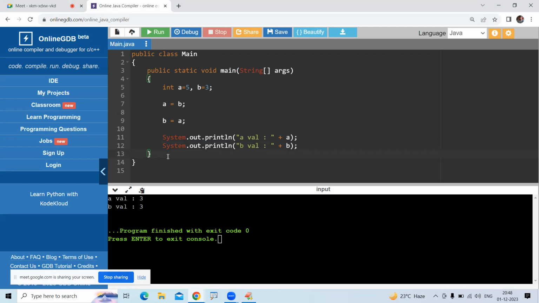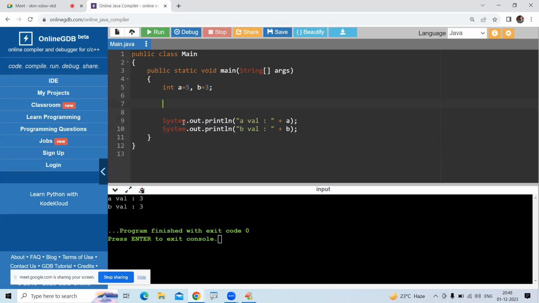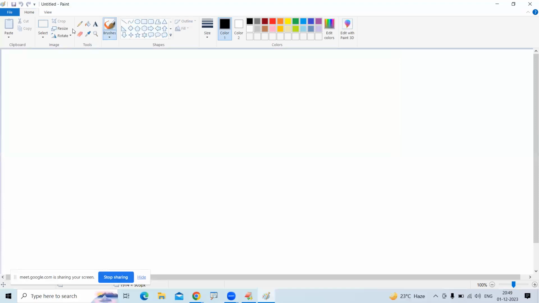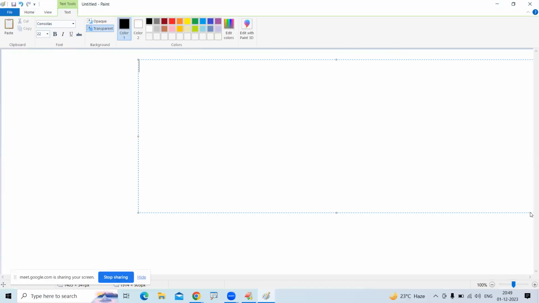Easy things. Okay. The next one, in arithmetic operators, the two important things are, a total of 5 arithmetic operators are there. As we know, plus, minus, multiplication not required.